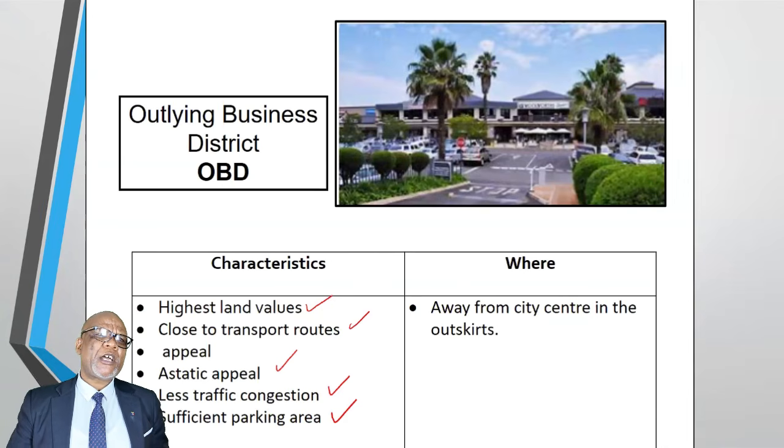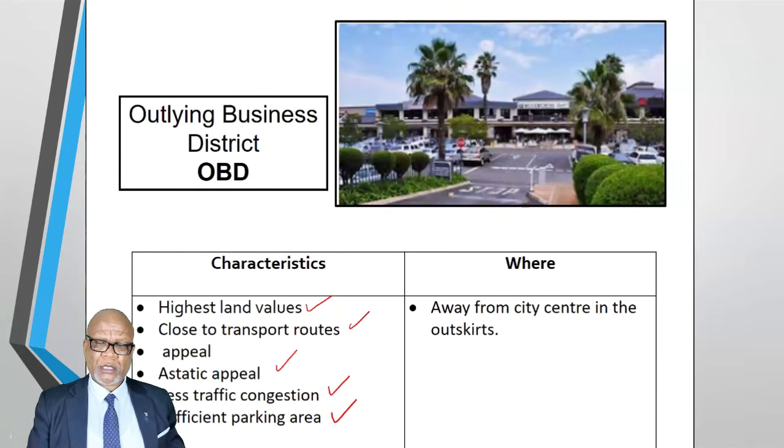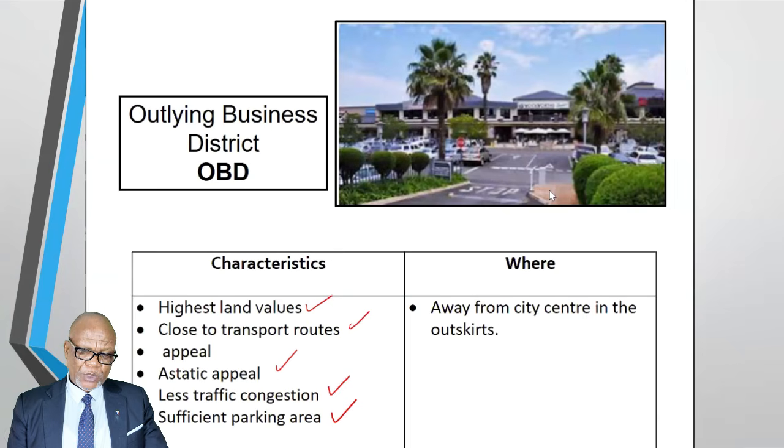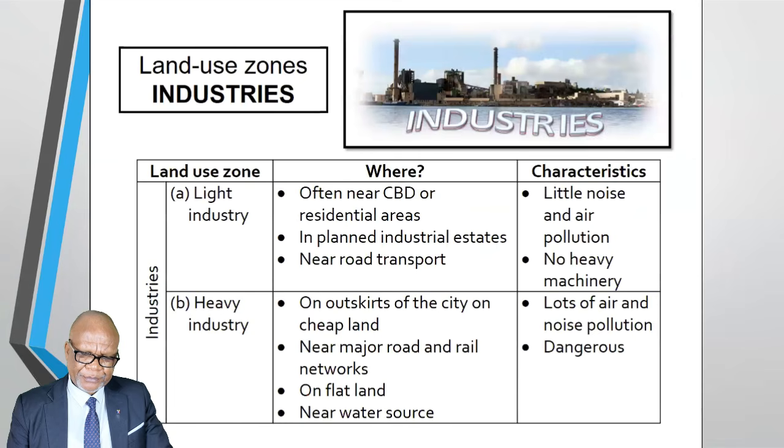There is less air pollution there because of many trees that are absorbing carbon dioxide in the atmosphere. That is why the outlying business districts are more attractive to businesses than the CBD. And there is less traffic congestion there. There's ample parking space in the outlying business district.